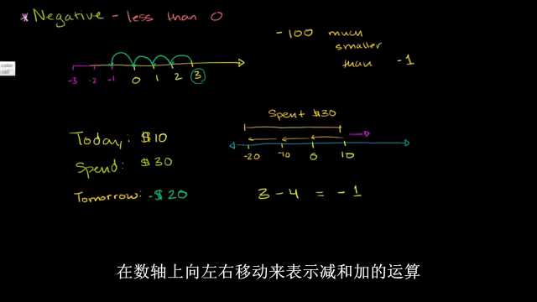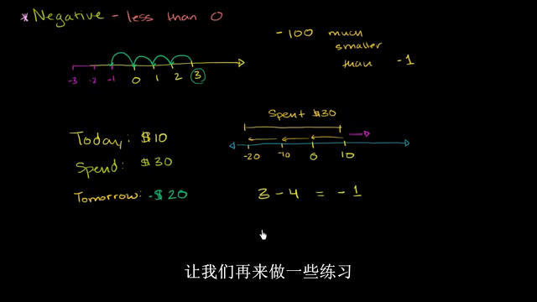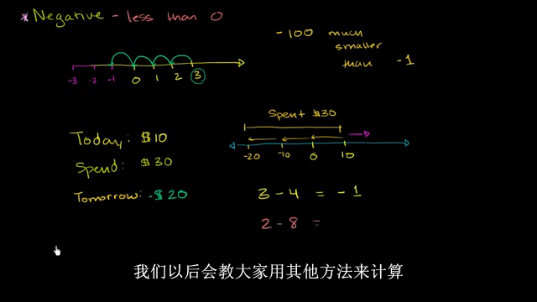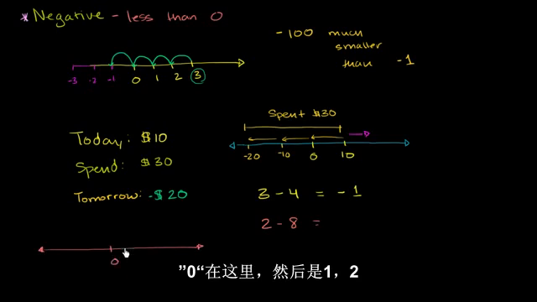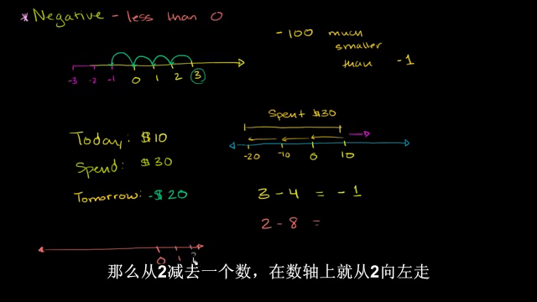Now let's do a couple more. Let's say I have 2 minus 8. We'll think about more ways to do this in future videos. But once again, you just want to use the number line. You have a 0 here. Let me draw the spacing a little bit. We're at 1, 2.